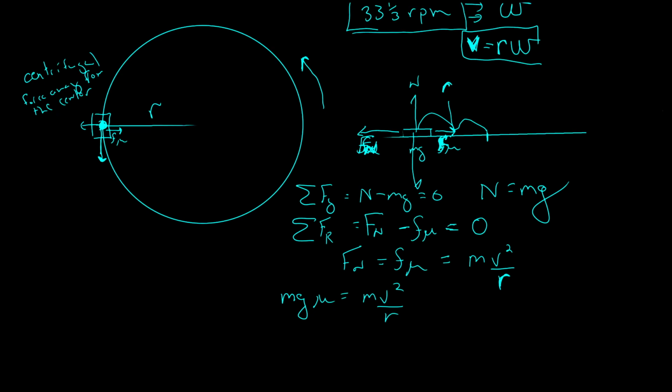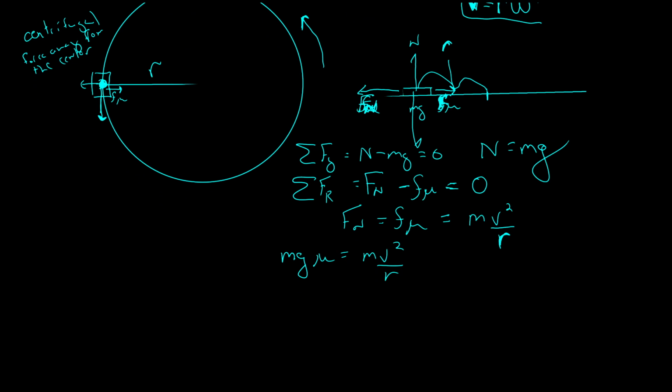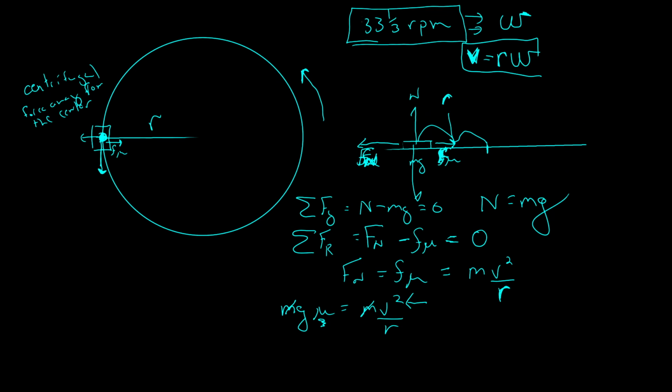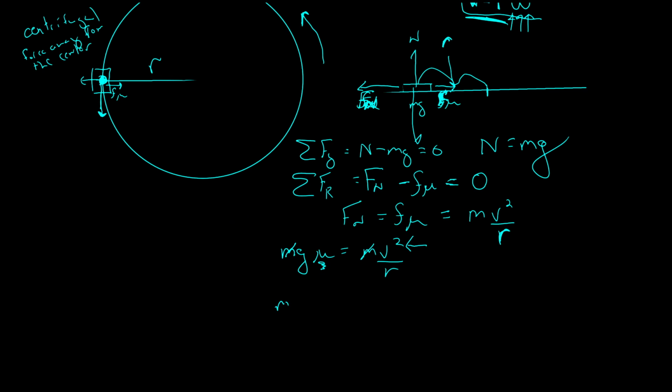And so we have this equivalence here, that the penny is going to take whatever the coefficient of friction is, the masses will cancel out, and let's put this in terms of r. But right now, it's the velocity component I want to look at. Because we can talk about how many rotations we have in time, or we can talk about an angular velocity, we're going to use this translational tool here to change this. So we get g mu equals r omega squared over r.